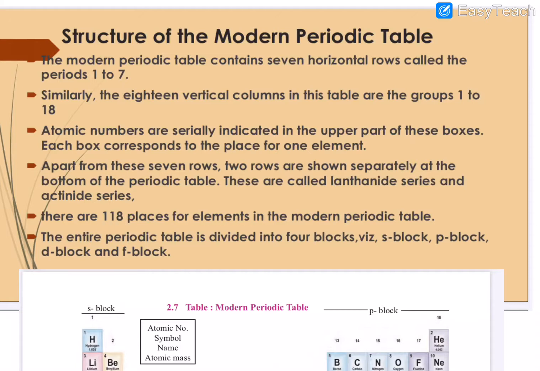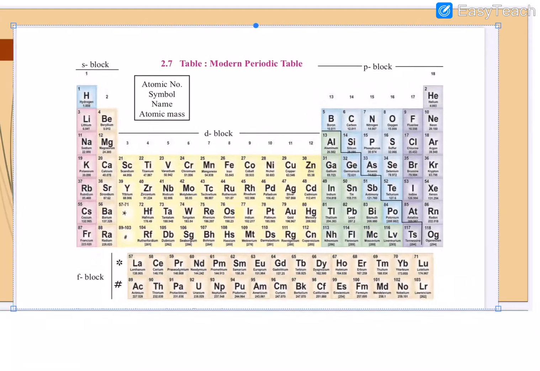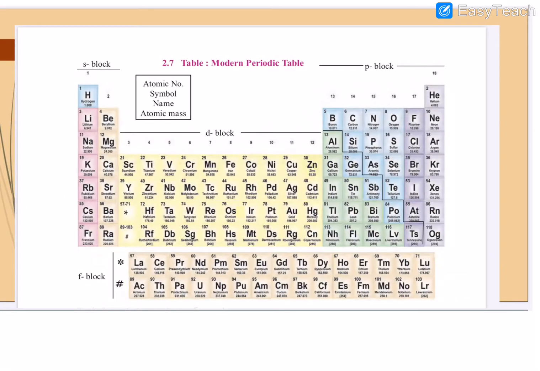You can see the S block elements and P block elements here. The first two groups are the S block, groups 13 to 18 are the P block, and groups 3 to 12 are the D block elements. The last two periods, the lanthanides and actinides, are the F block elements.